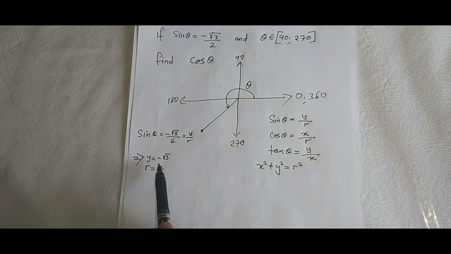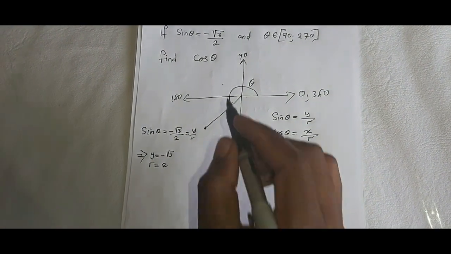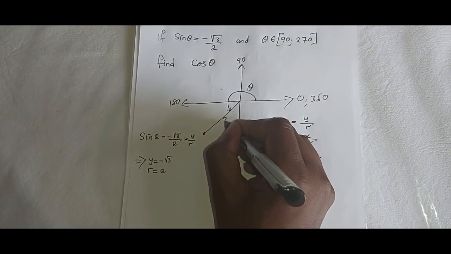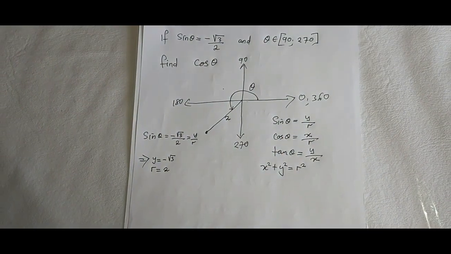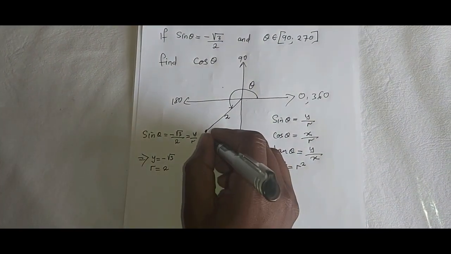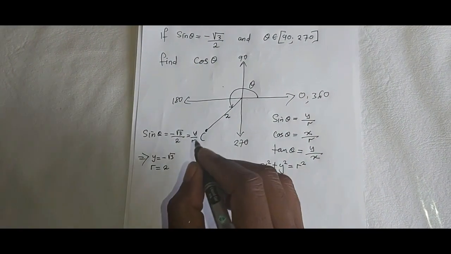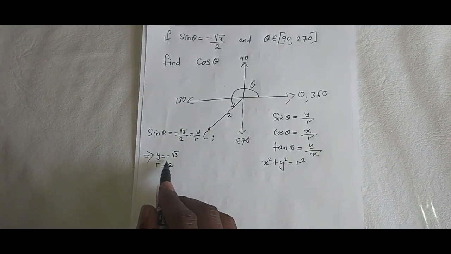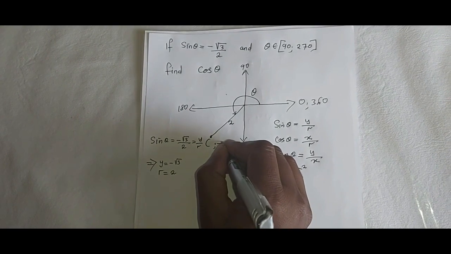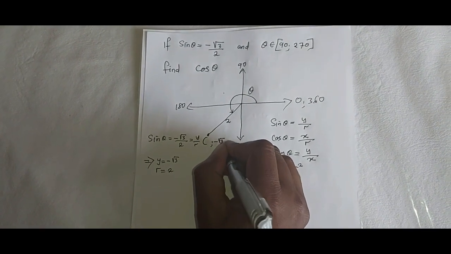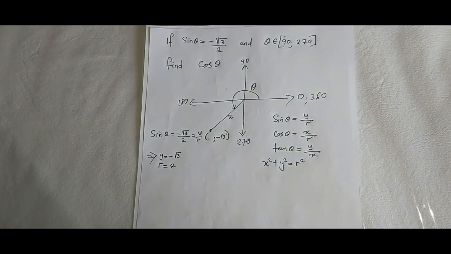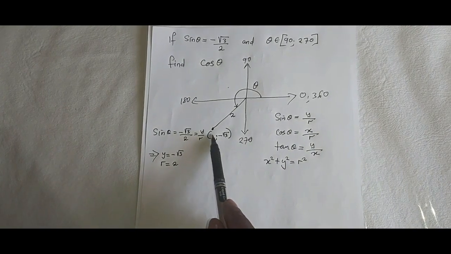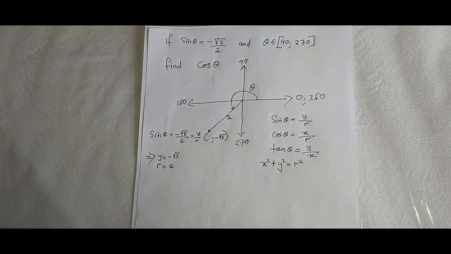Since r is our radius, r must always be positive. So I'll make this 2 units. Then the coordinates of this point here, we have our y, which is minus square root of 3. Now we are left with finding our x coordinate here.